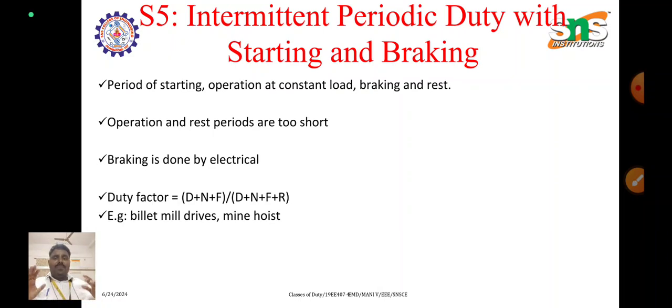For example, in a two-wheeler, first we have to start, then operate, then apply the brake, and then we can turn off. So the operation and rest period is too short. Here the braking is done by electrical braking, not mechanical braking. The examples are rolling mill drives, mine hoists, etc.